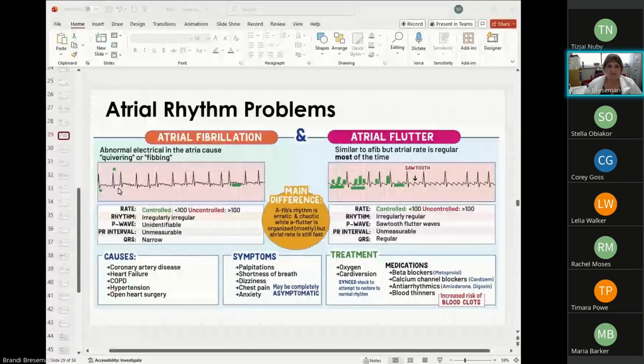For me, I would say out of 10 times I have an atrial dysrhythmia between these two, probably 8.5 to 9 of them are atrial fibrillation. Atrial flutter is not as common.